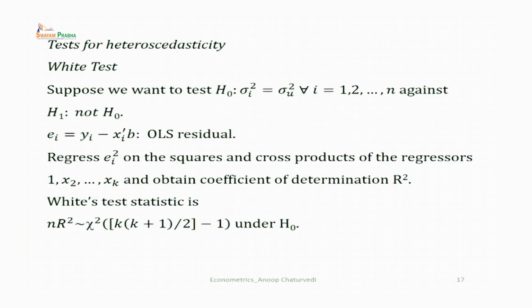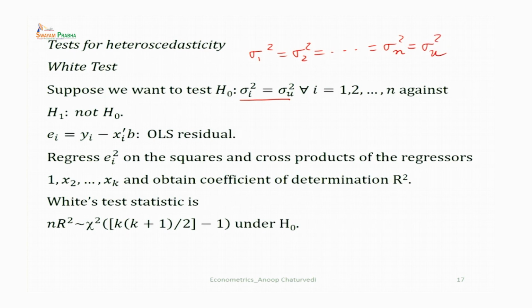Now, we consider different tests for testing the heteroscedasticity. So, first we consider the White test. Now, suppose we want to test the hypothesis H naught such that sigma i square is equal to sigma square u for all i equal to 1 to n, against the alternative that H naught is not true. So, basically you are interested in the hypothesis sigma 1 square is equal to sigma 2 square equal to sigma n square, and this is equal to sigma square u.